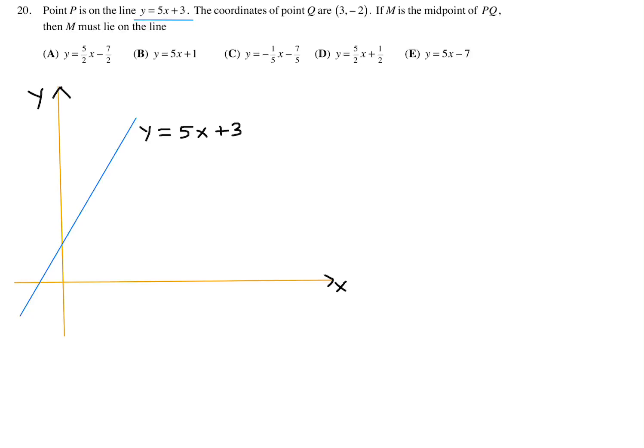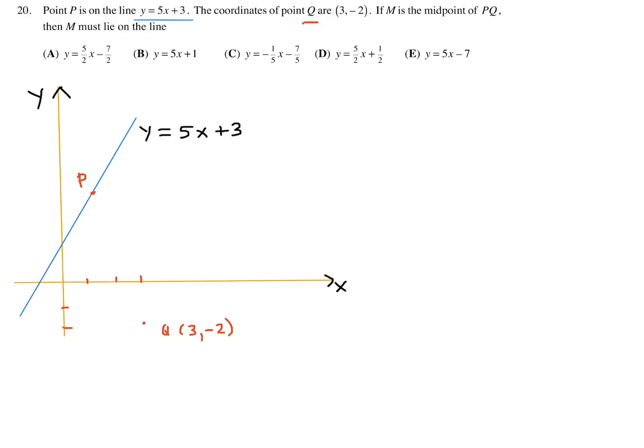Now, P is on this line. So P is somewhere, I don't know where it is. I'll just say it's here. Okay? Like that. And now Q is a point somewhere. 3, negative 2. So approximately, if this is 1, 2, 3, negative 2. So somewhere here. Q, 3, negative 2.